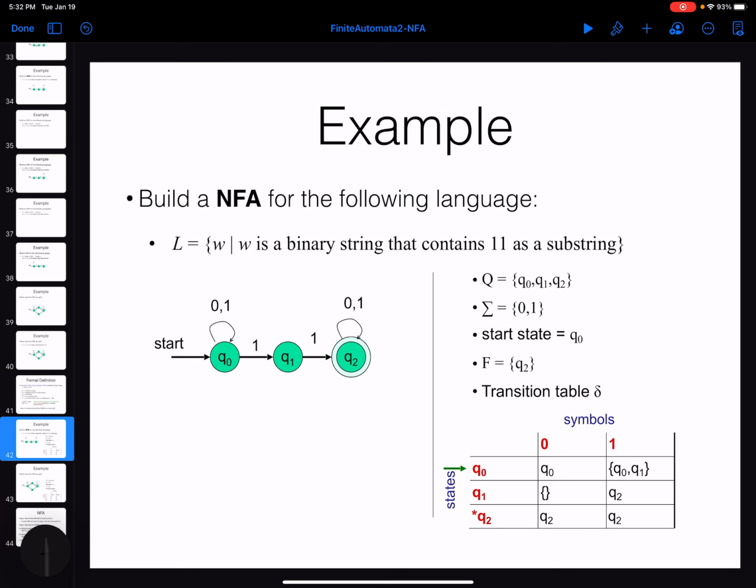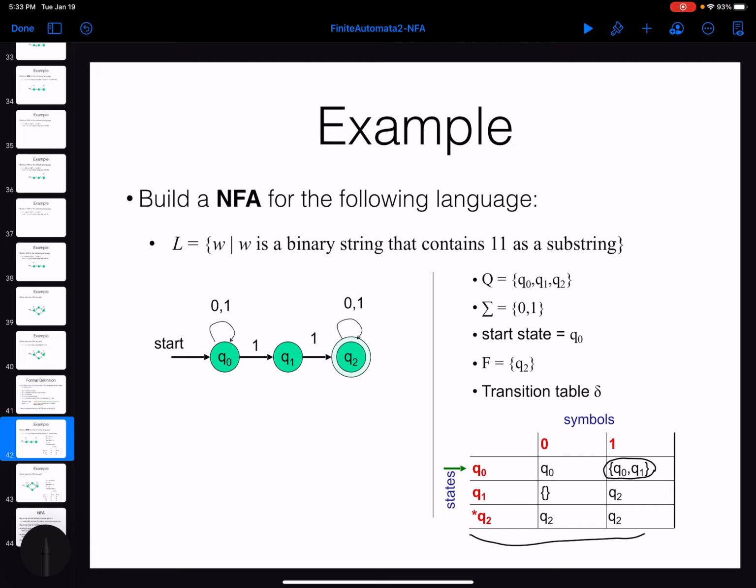So here is an example of showing the NFA using a transition table. Whenever you see that a cell in the transition table shows more than one state, it means that your finite state machine is going to be an NFA, not a DFA, which is clearly the case here.